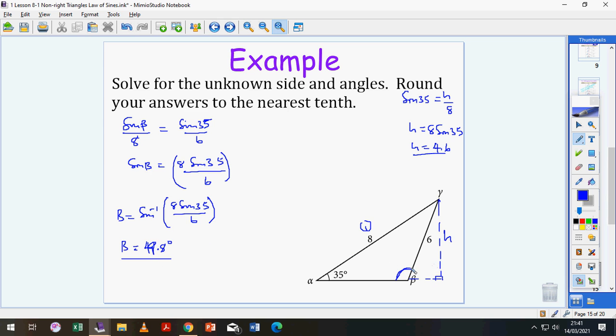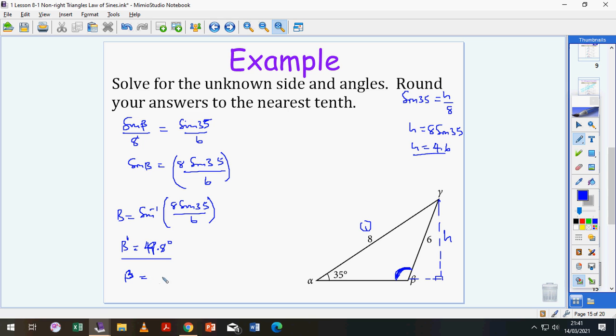According to how this triangle is drawn, I know this angle has to be obtuse. And since this is not an obtuse angle, I'll be looking for the actual obtuse angle. So I'll call this the second possible angle. The actual value for beta according to this diagram will be 180 minus 49.8. Why?